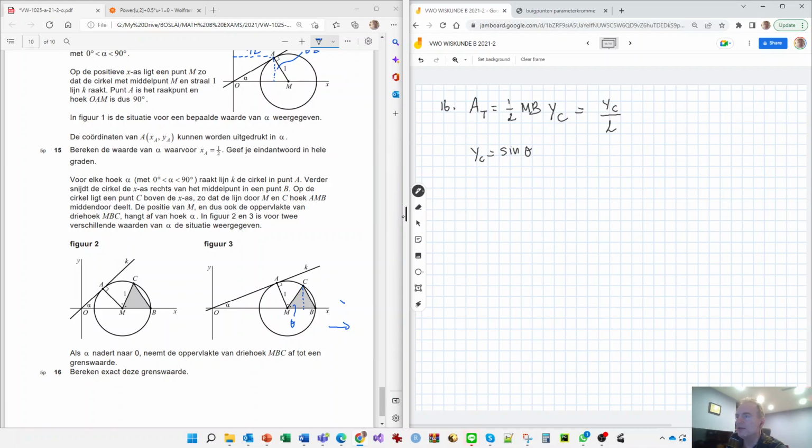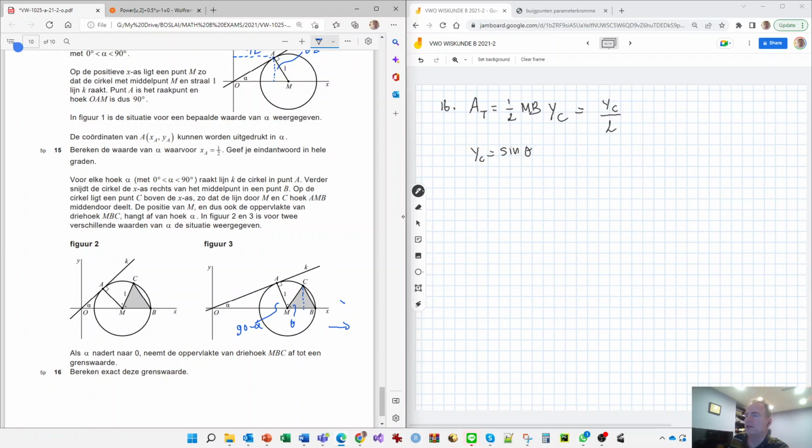We know this triangle OAM is a right triangle. So this angle here is 90 minus alpha. And if I know this triangle, I can actually know theta, right? Theta is also here. So, because these should add up to 180.